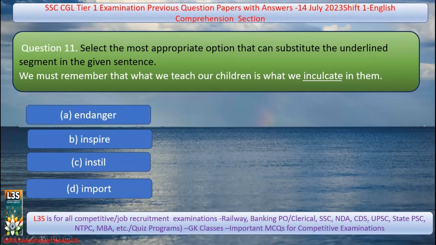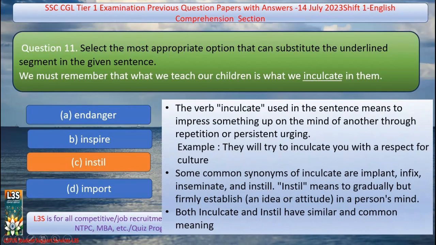Select the most appropriate option that can substitute the underlined segment in the given sentence. We must remember that what we teach our children is what we inculcate in them. And the substitute for inculcate will be C, instill. Inculcate is used in the sentence to mean to impress something upon the mind of another through repetition or persistent urging.